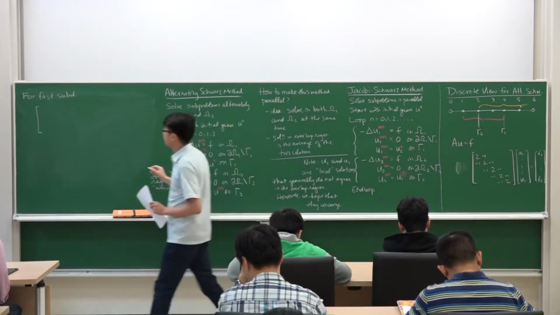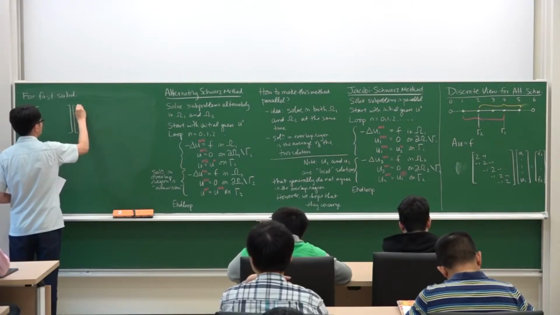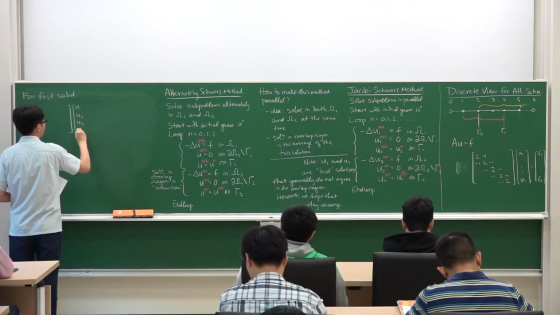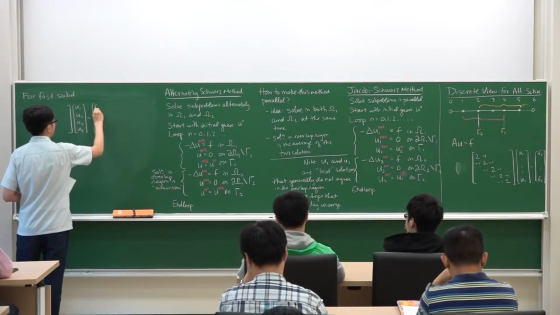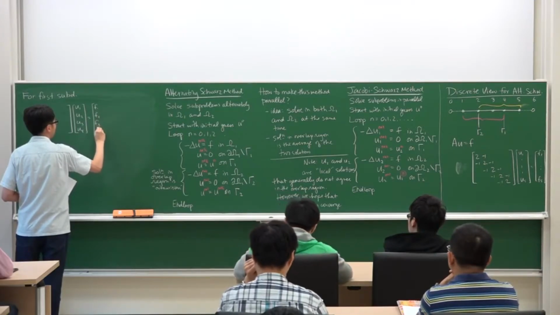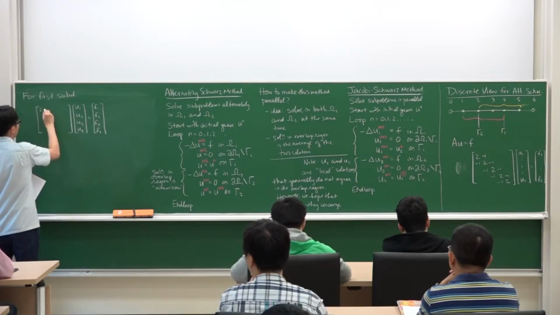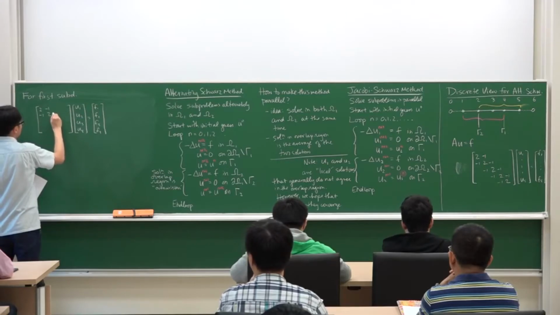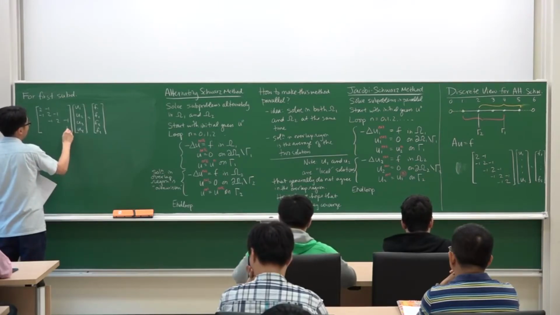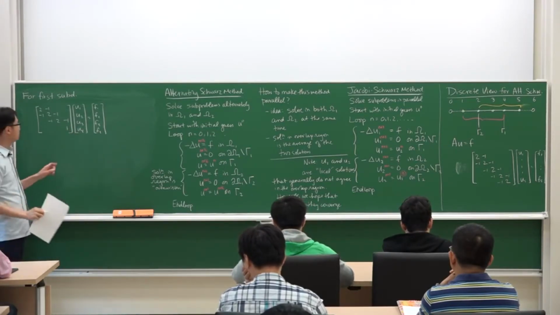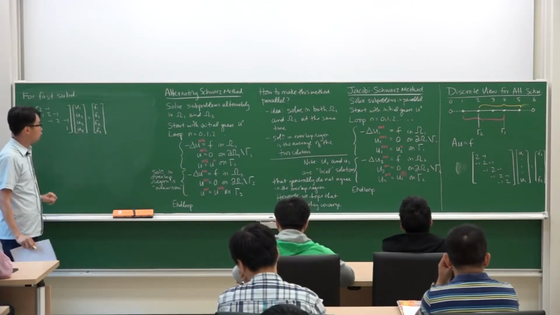The pink subdomain. So that's the matrix, the 4 points of interest, U1, U2, U3, U4. F1, F2, F3, F4. And the matrix is 2, minus 1, minus 1, 2, minus 1, minus 1, 2, minus 1. And then I'm going to put a 1 over here, right? Because the value of U4 is known.